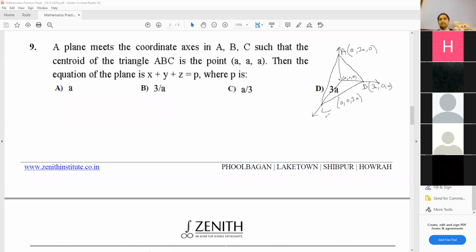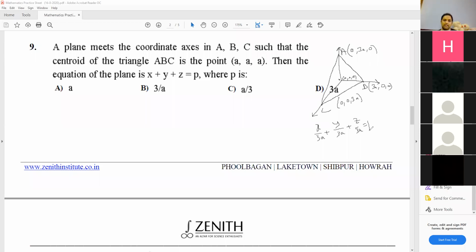Now, if we know the x-intercept, y-intercept, and z-intercept, how do we write down the equation of the plane? Intercept form: x by 3a plus y by 3a plus z by 3a is equal to 1. Sir, we could have put the coordinates of the centroid in the equation itself.